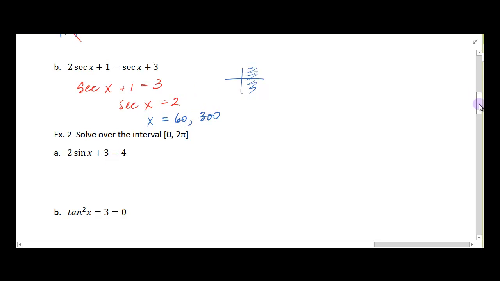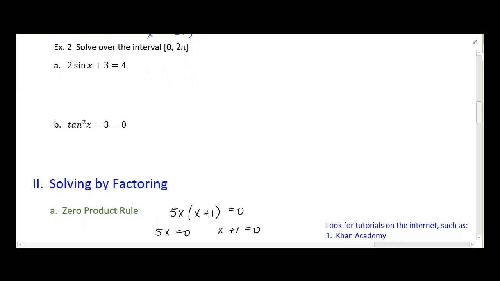Let's try two more examples, only this time we're going to solve them on the interval between 0 and 2 pi, returning radian values. So again, for this first example, we are trying to get sine x by itself. I'm going to subtract 3 from both sides, and I have 2 sine x is equal to 1. Then I divide both sides by 2, and I find out that sine x is equal to 1/2.